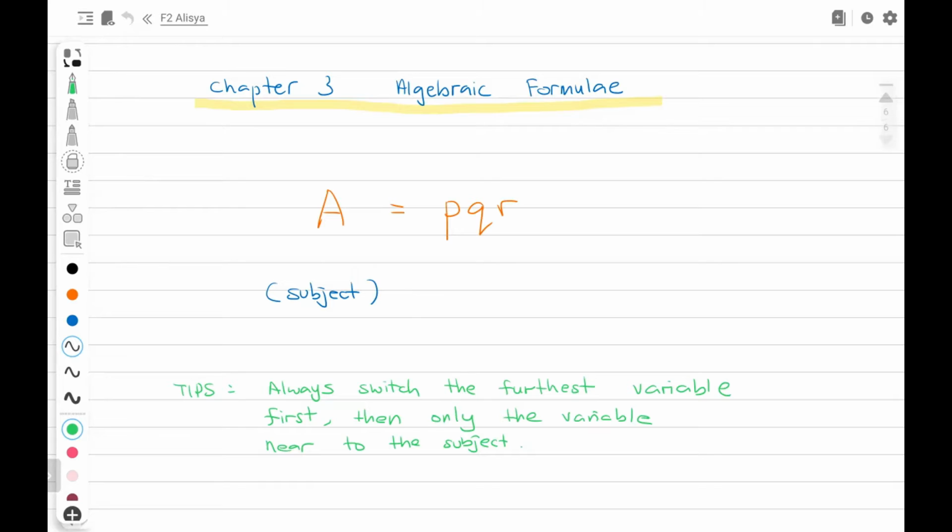Okay. So chapter 3, the only term you have to learn is subject. This subject here is not like BM or English or Maths. No. Subject here means you have to make the letter or the alphabet, precisely the variable here, to be alone.